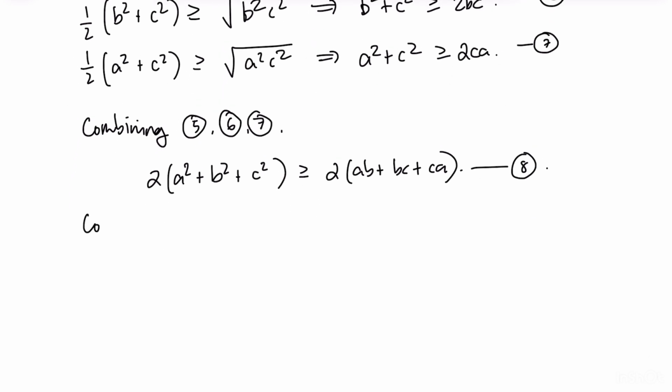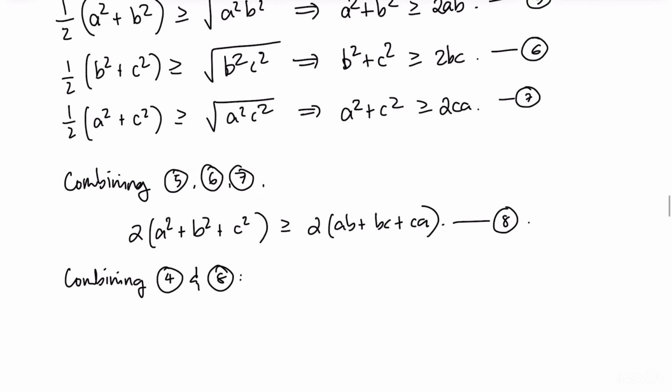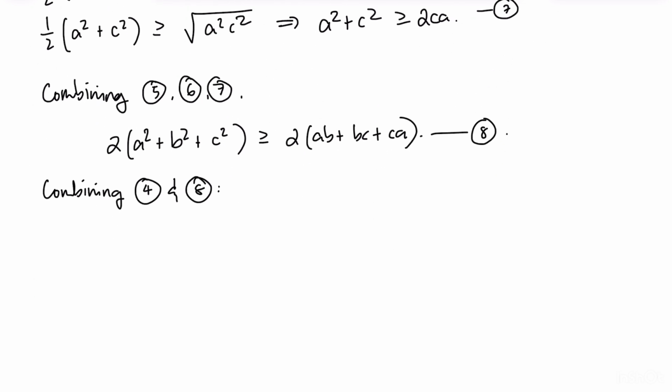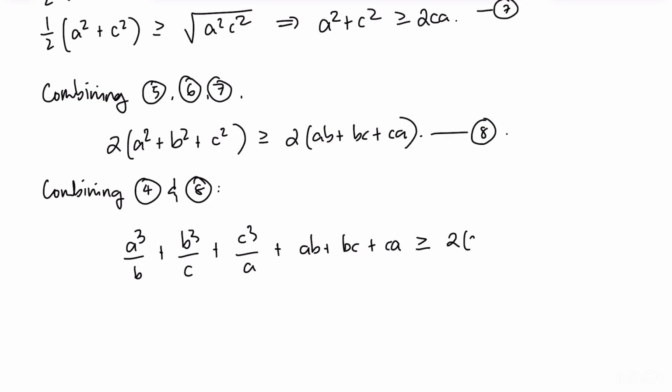So combining 4 and 8, this obviously must be greater than this. So now the whole thing becomes a cubed over b plus b cubed over c plus c cubed over a plus ab plus bc plus ca, which is greater than or equal to 2 times ab plus bc plus ca.